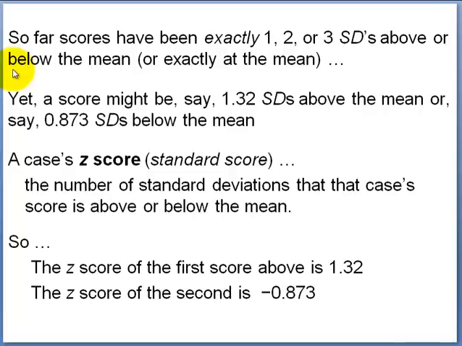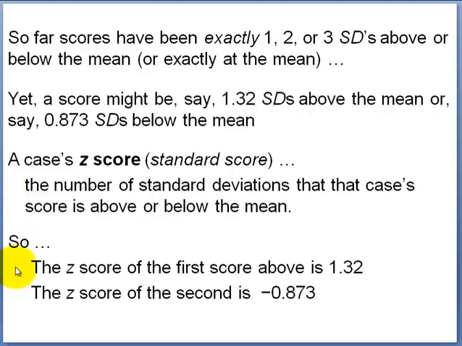Now, a score might be precisely 1 standard deviation above or below the mean, but on the other hand, a score, or we could say a value, could perhaps be 1.32 or perhaps 0.873 standard deviations above or below the mean. This brings us to a definition for a case's z-score, and that definition is the number of standard deviations that a case's score or value is above or below the mean.